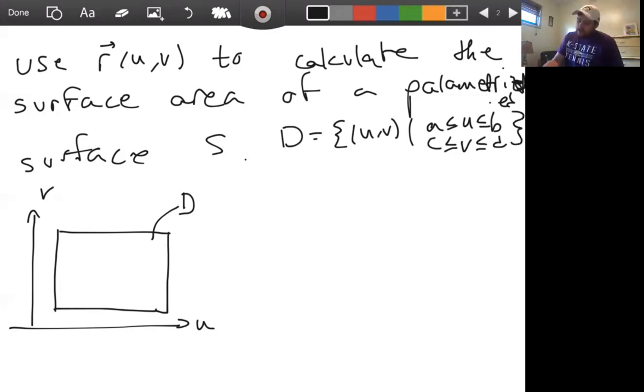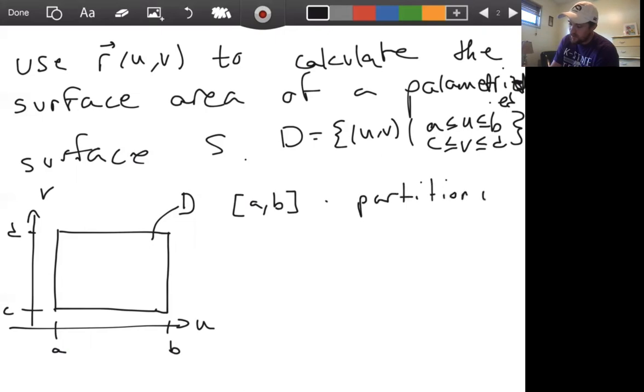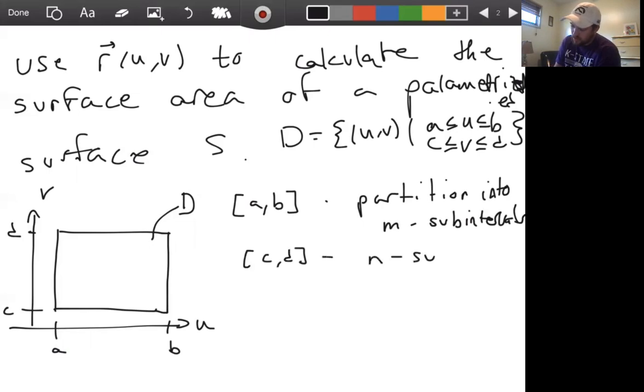And what we'll have here is a rectangle that we can partition. You can define a partition on the interval. So we take AB, let's partition into M subintervals, right? And we can partition CD into N subintervals.